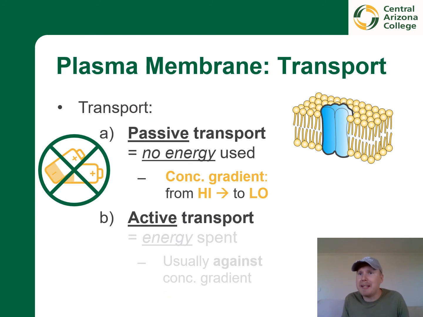So this is the basic concept of concentration gradients. Materials always travel from areas of high concentration to areas of low concentration until these are equal. And this happens passively, without any extra energy being invested into this event.